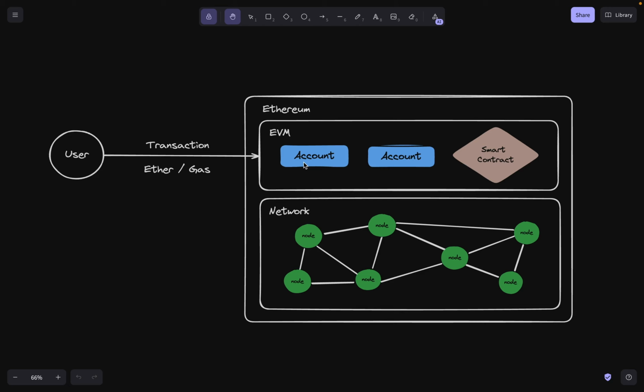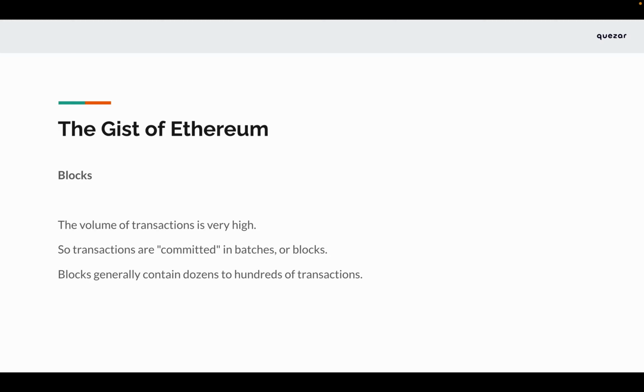And then the state of the EVM would be changed. Like you had 100 USDC earlier, and now you have an equivalent amount of Ethereum in your account, and that would be done by the Uniswap smart contract. So this entire change is carried out by a node and then propagated throughout the network and then added to the blockchain.